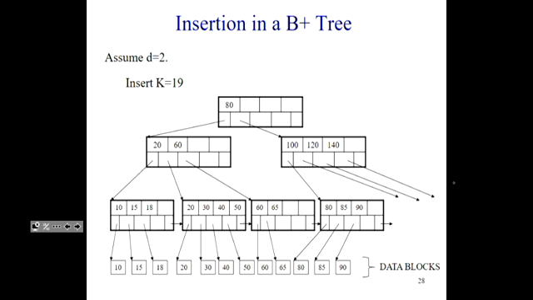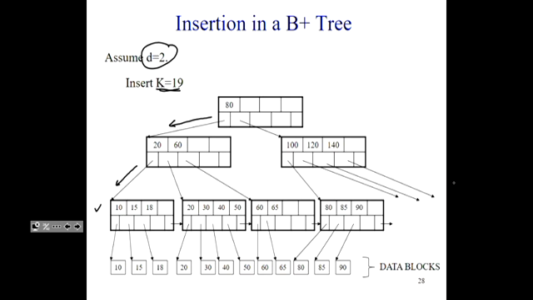Okay, so an example in the next 5 minutes and then I'll stop. So let's say once again that D is equal to 2 and I want to insert K equal to 19. So I have a record with search key value 19. I'm going to follow down this path because it's less than 80, follow down this path because it's less than 20, and then now I'm finally at this leaf.